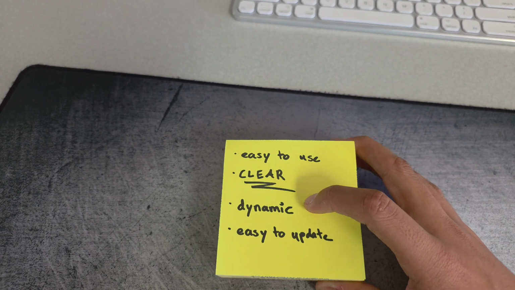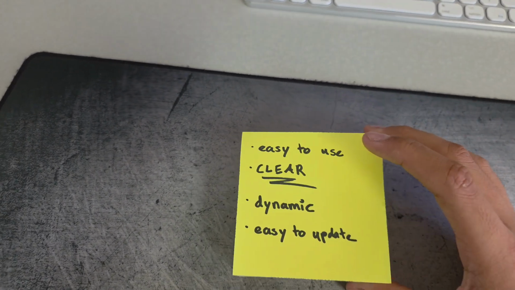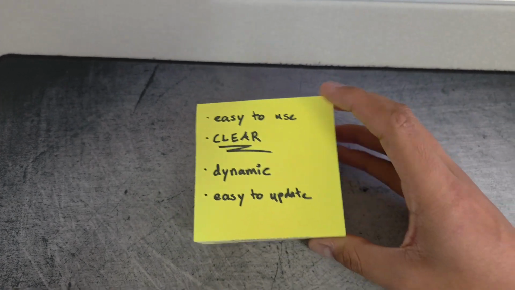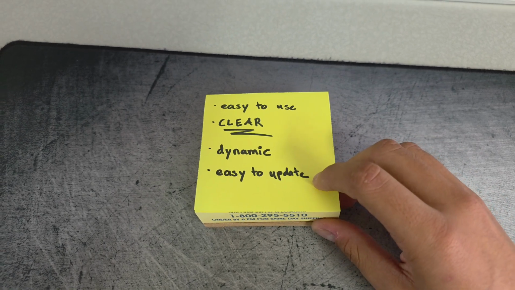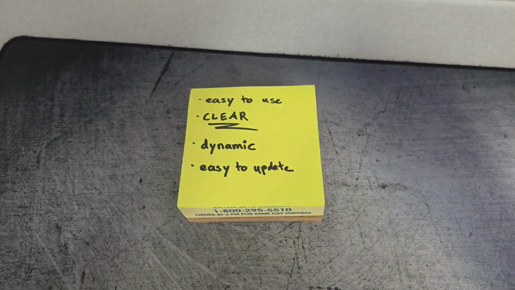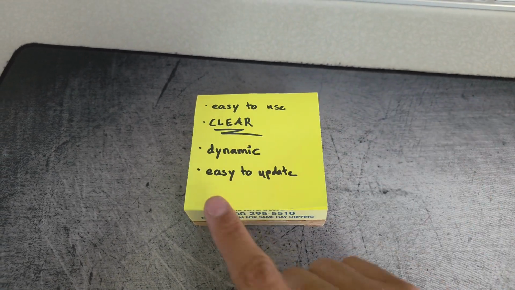So I want it to work for any machine, whether it's a printer or a binder machine or anything like that. And then last thing, it needs to be easy to update. This is probably the biggest hurdle. It needs to be, like I said, easy to use. Anyone should be able to grab it, update it, erase it, or change it, and find something new for it.